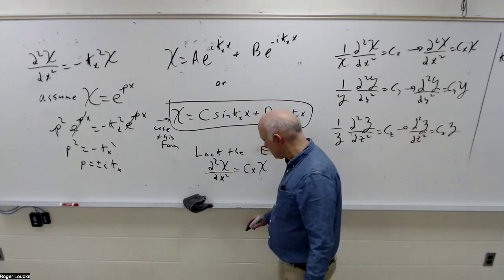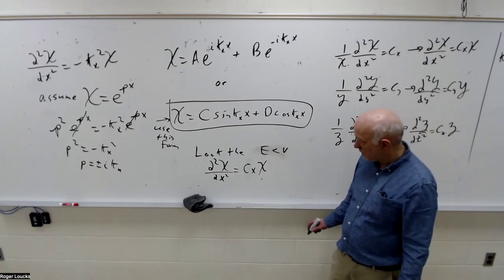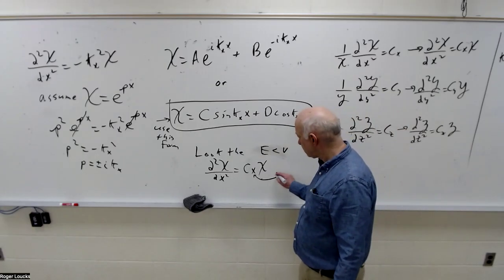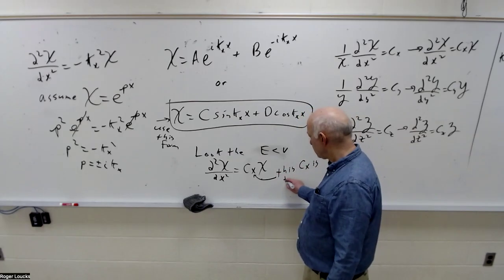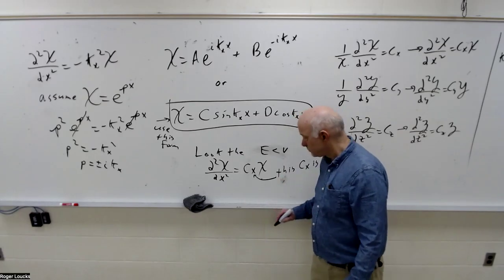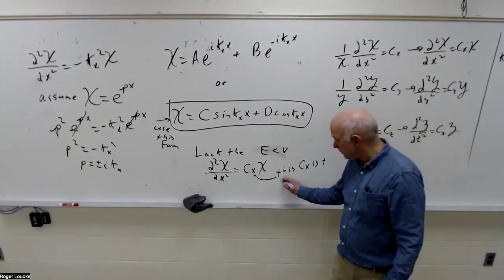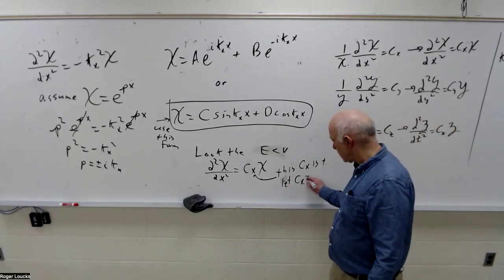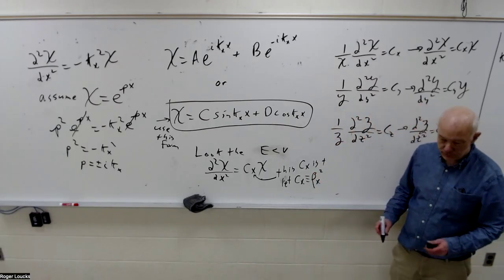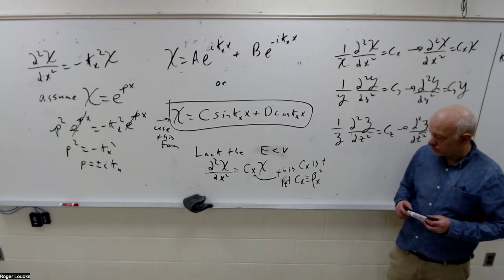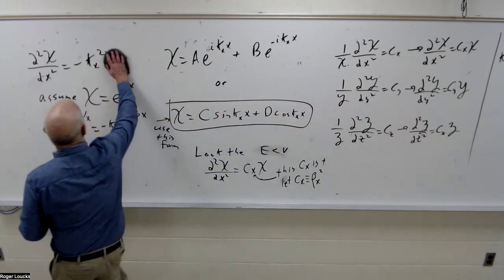In this case, this C_x is positive. I'm going to define this to be positive beta_x squared. That's what that one gives us.